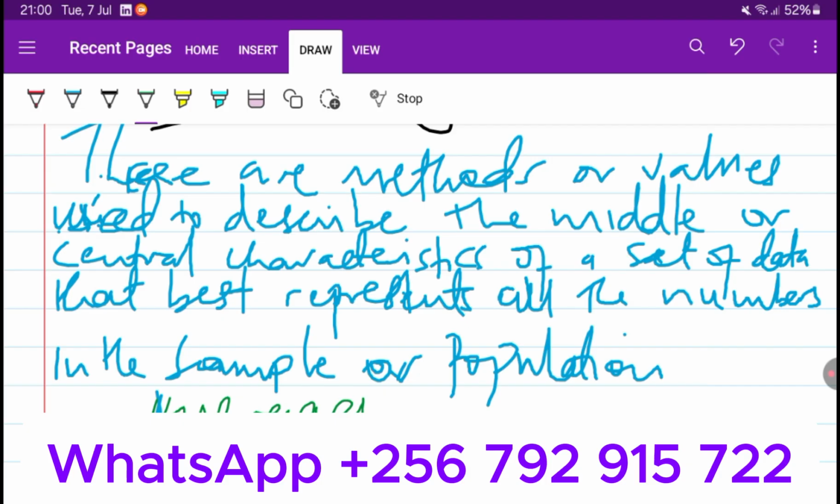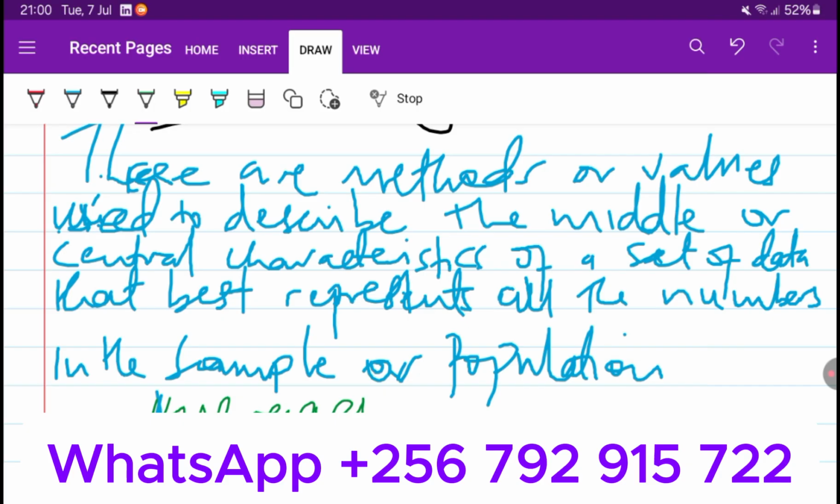Sometimes it may be used to describe the central value or the center of the set of data, and the most common value in a set of data is what we call the mode, a typical middle value is the median, and the average is seen as the arithmetic mean.